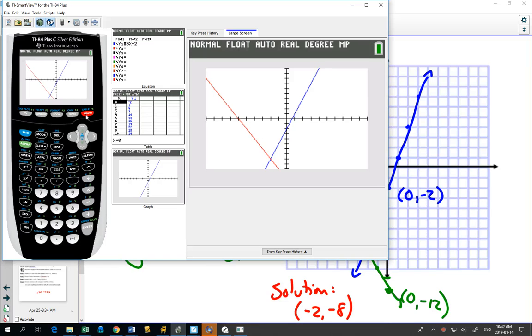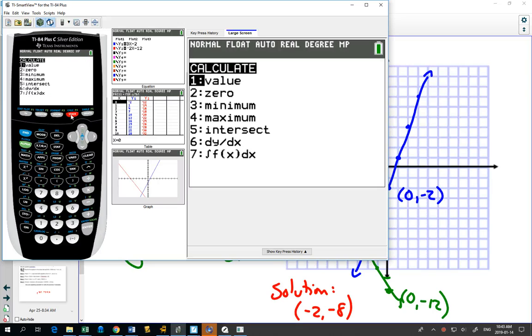After they're both graphed, you can see that the graphs intersect on your graphing calculator. Everything you want to calculate with graphs is above your trace button. So you can go second, and above trace it says calculate, so second and then trace. And then it lets you calculate a bunch of different things. What we want to find is number 5.